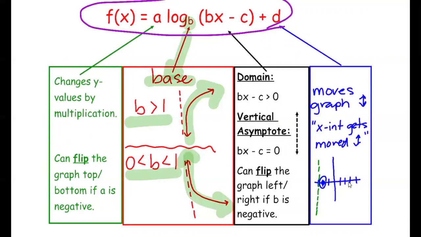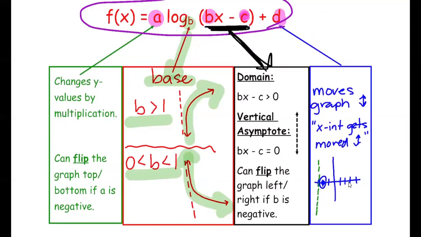Okay, but on our graphs of our logs, we need to know what happens with the A, the B, the C, and the D, and how that happens if they change. If you're changing something on the inside of your function, this bx plus c, those are dealing with all x value changes.